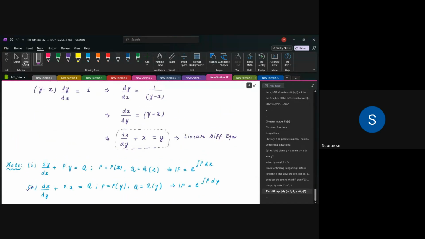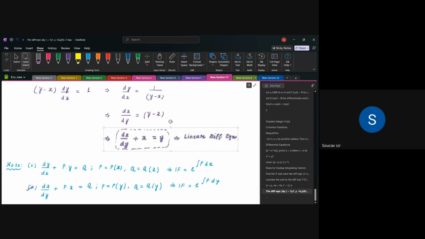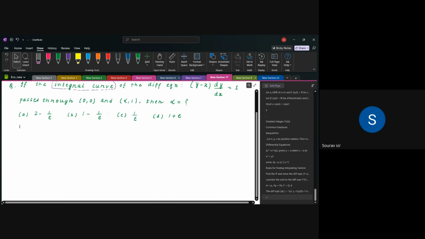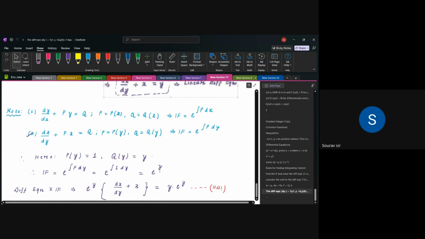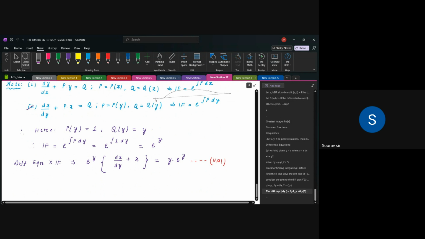And we had discussed that this differential equation basically looks like a linear differential equation in the dx/dy format. So I'll just take that up as well. And when you have a differential equation like this, to solve it, you multiply it with the integrating factor, right?